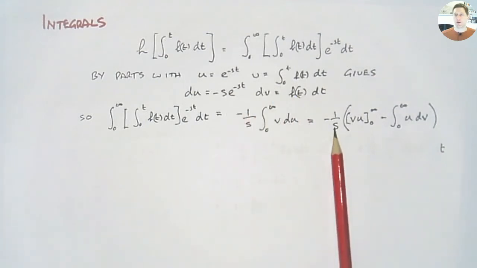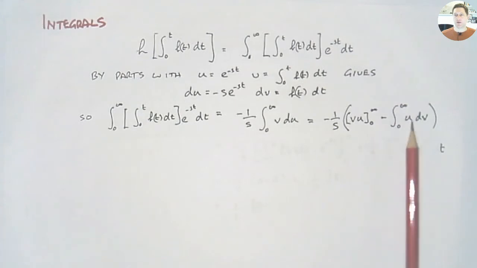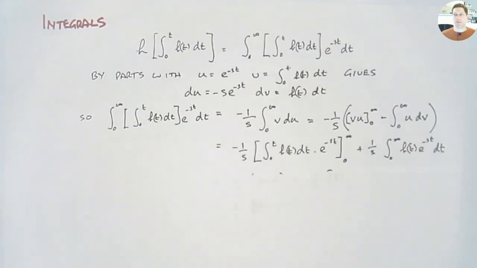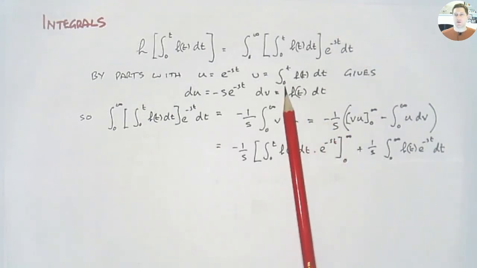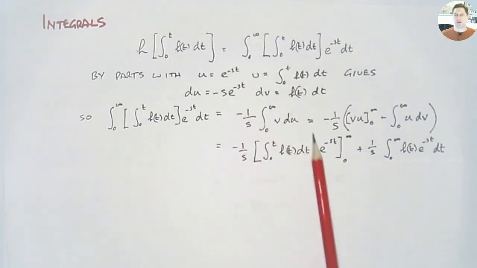We can now put in our terms, vu minus the integral of u dv, and substitute in for u and v across that. So v is equal to the integral from 0 to t of f(t) dt, that's here. u is equal to e to the minus st, there it is.